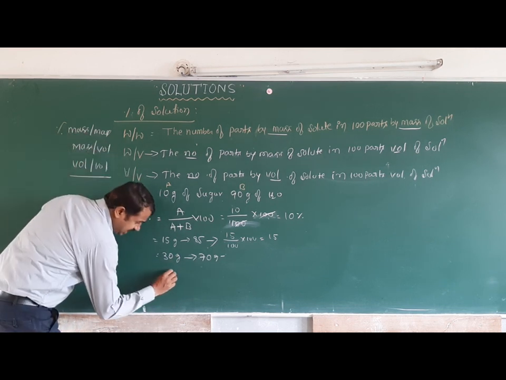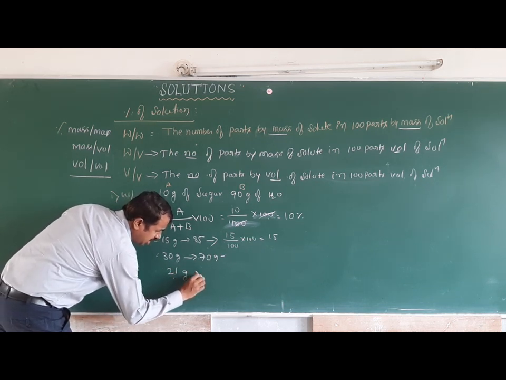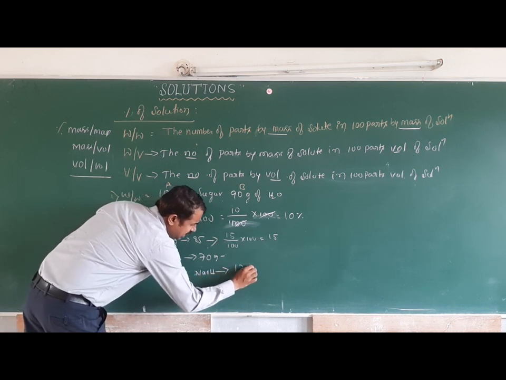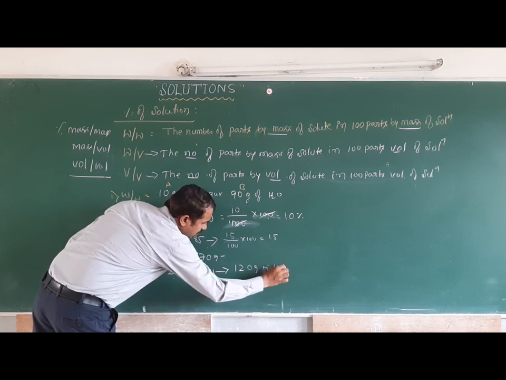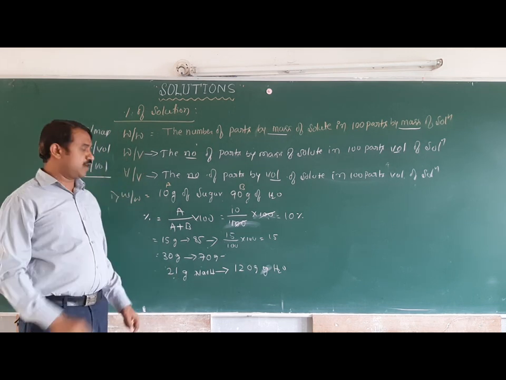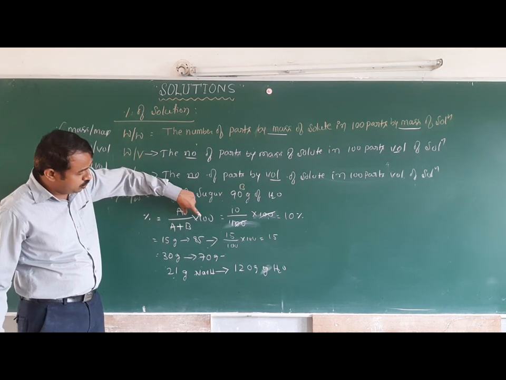But if I give 21 gram of sodium hydroxide present in 120 gram of water, we cannot tell directly. Go for the formula: A is the solute, A plus B into 100.